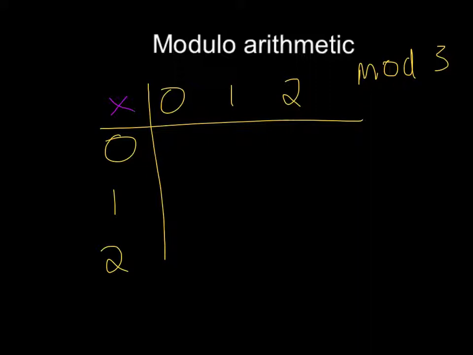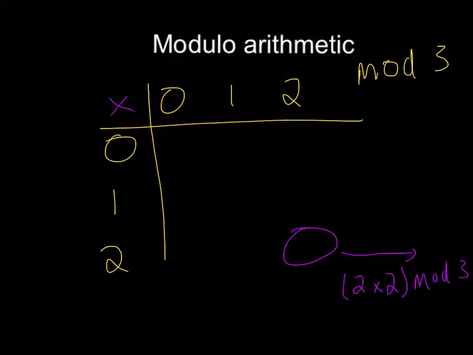What you need to do is the multiplication first and then perform the mod operation after that. Let's have a go at this position down here. We're doing multiplication, so we're going 2 times 2, getting our answer, and then going mod 3. 2 times 2 gives you 4, so we're looking for the answer to 4 mod 3.